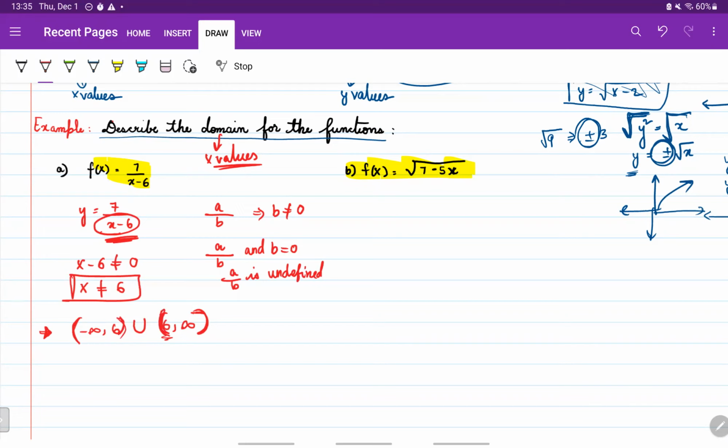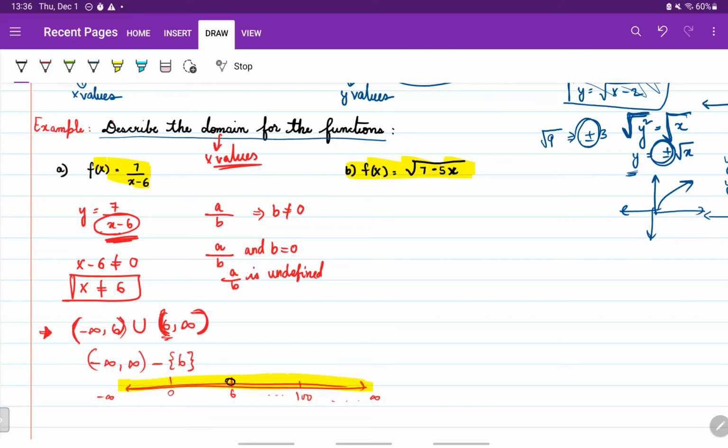You can write this in another way, where you can say that it's from minus infinity to infinity without the set of 6. So this also means that it's all of the number line. Let us say this is 6, this is 0, and I don't know, 100 or something. And then it goes to infinity, and this goes to infinity. So what this means is all of the number line except for this.